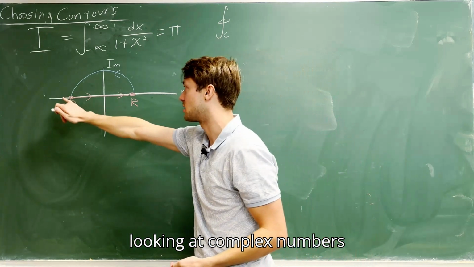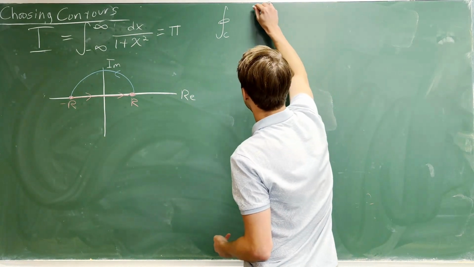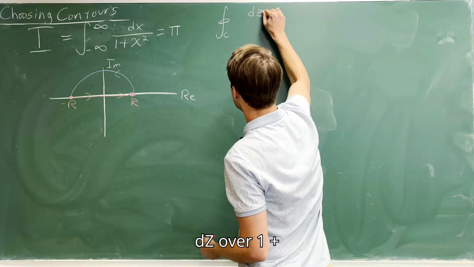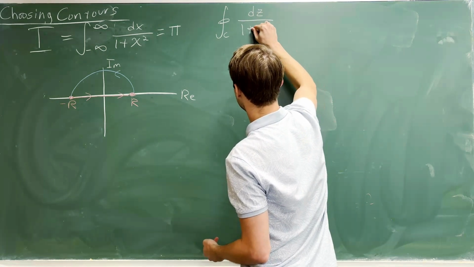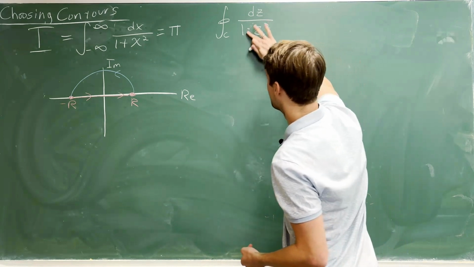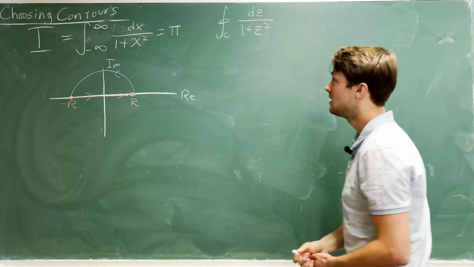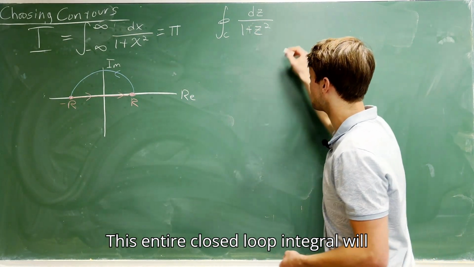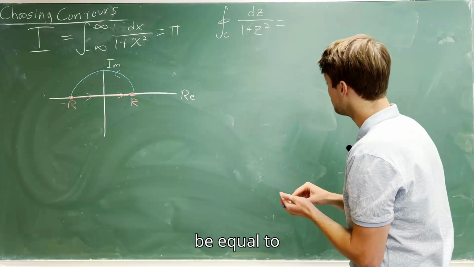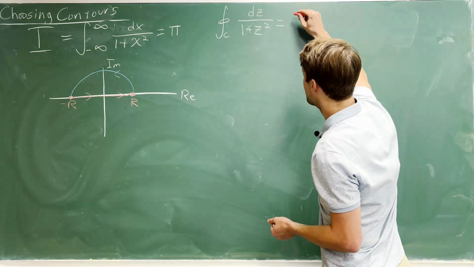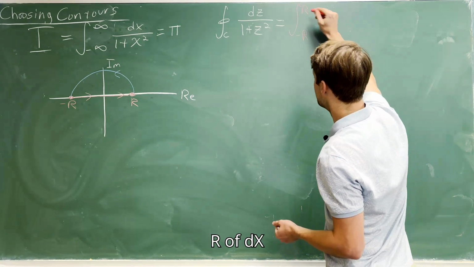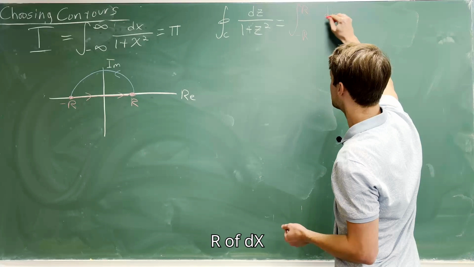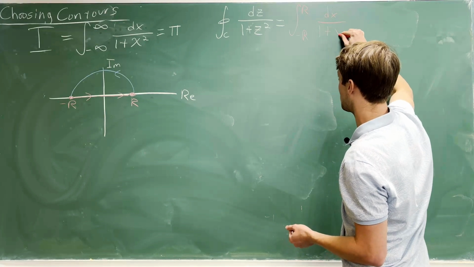We're going to be looking at complex numbers: dz over 1 plus z squared. This entire closed loop integral will be equal to our integral from minus r to r of dx over 1 plus x squared.